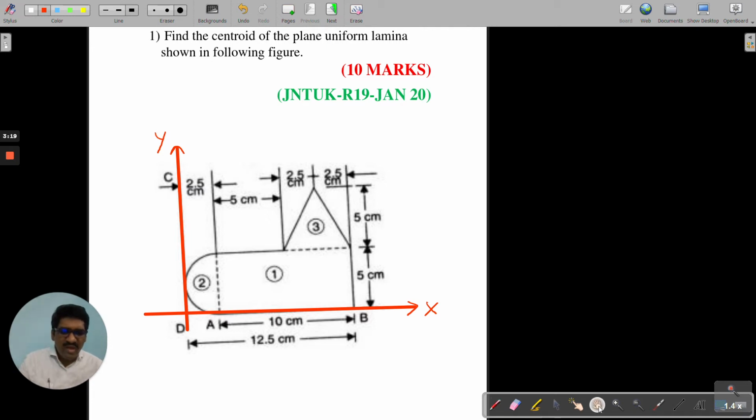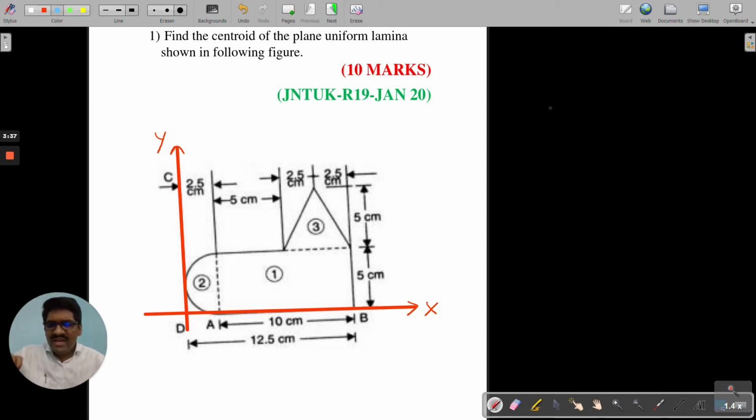Now we have three areas. If we have any number of areas more than one, here I have three. Sometimes in the examination you may have 4 or 5, or sometimes 2 also.